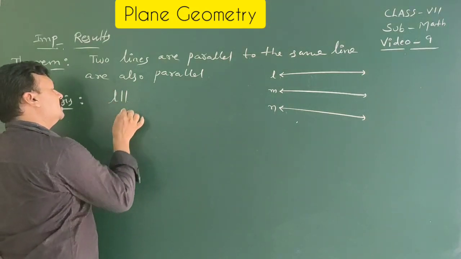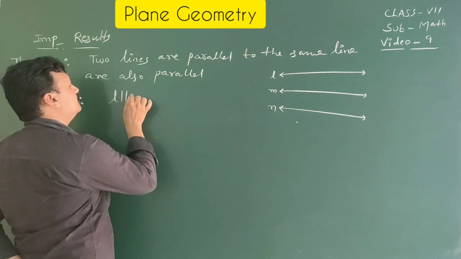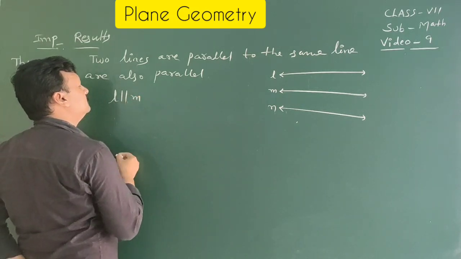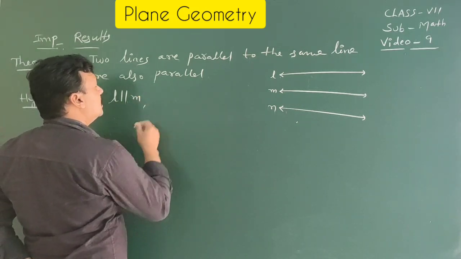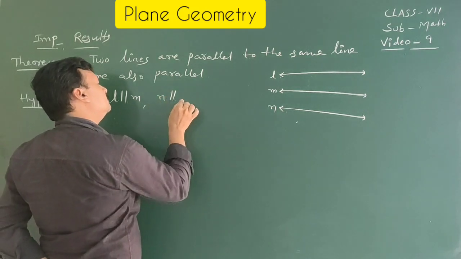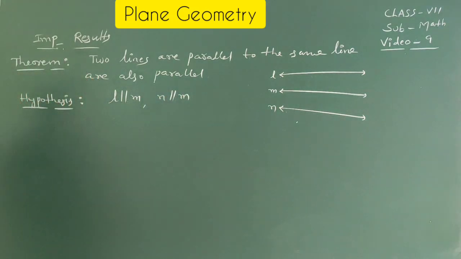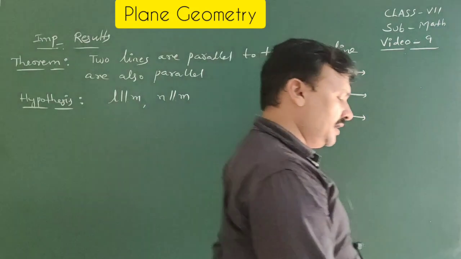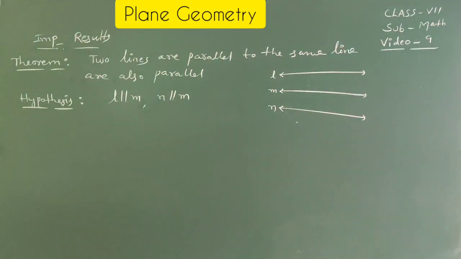L is parallel to M and N is parallel to M. Two lines are parallel to the same line. Here L is parallel to M and N is also parallel to M only. Here two lines are given which are parallel to the same line M.